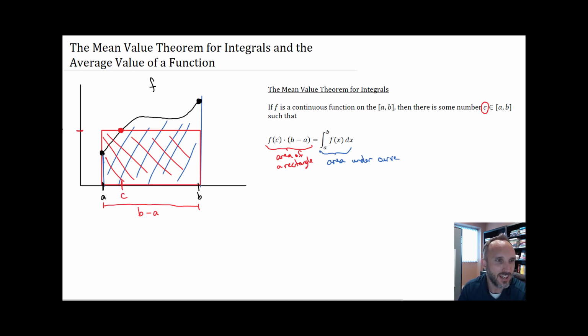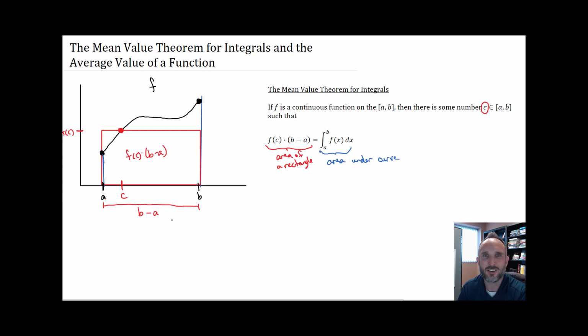And you can tell, well, the height of this rectangle then is f of c, f of whatever that x value is. And so now, when you look at the area of the rectangle, let's get rid of all these marks inside here. When you look at the area of the rectangle, well, it's the base, b minus a, times the height, which is f of c.